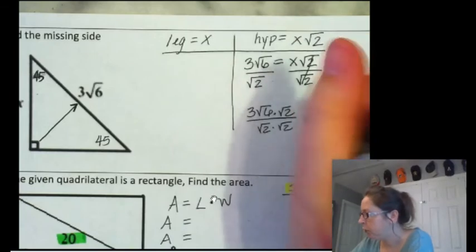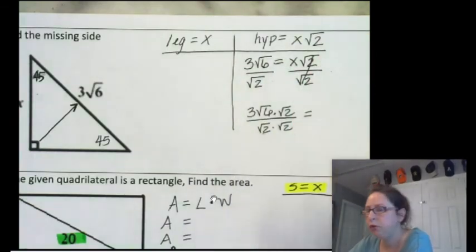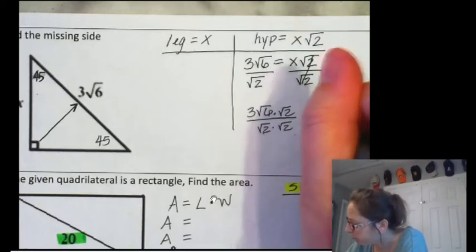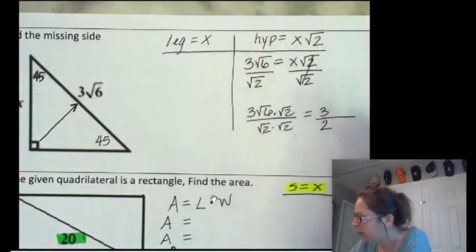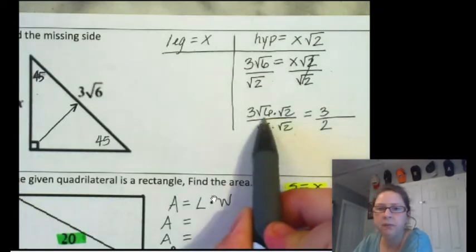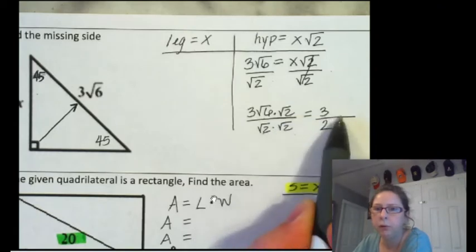Okay, and so what I will get is square root of 2 times the square root of 2 is just 2. And then I will get 3 times the square root of 6 times the square root of 2 is the square root of 12.